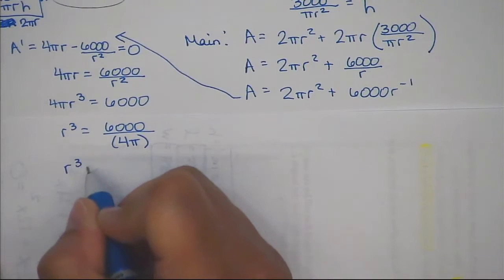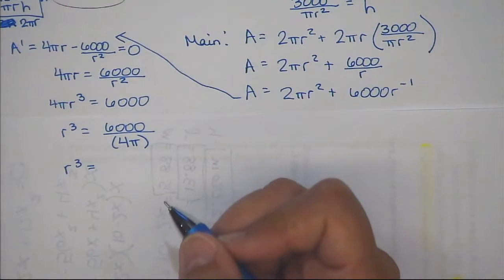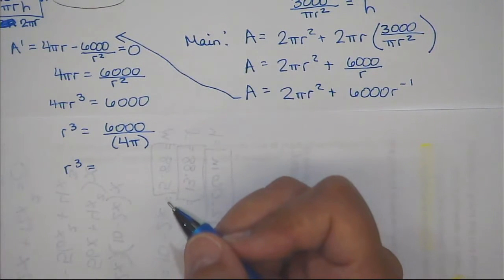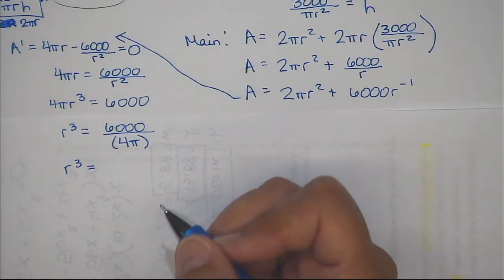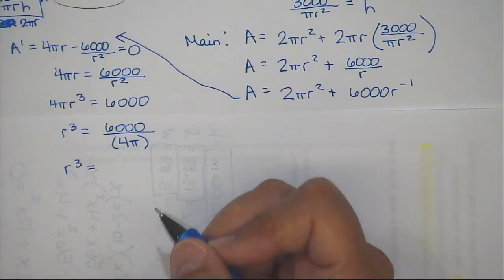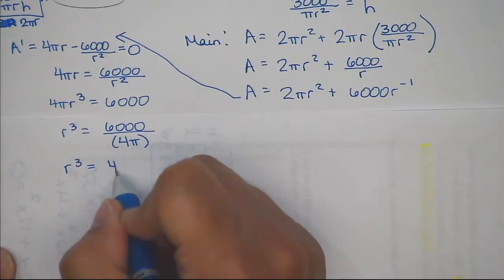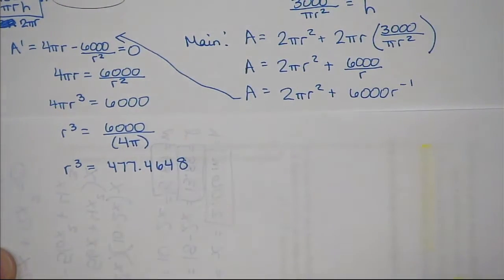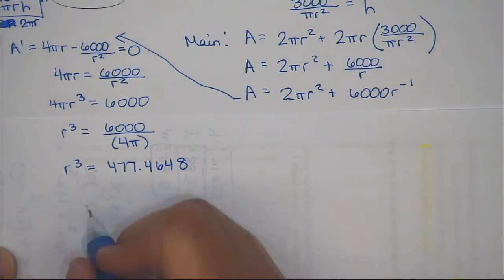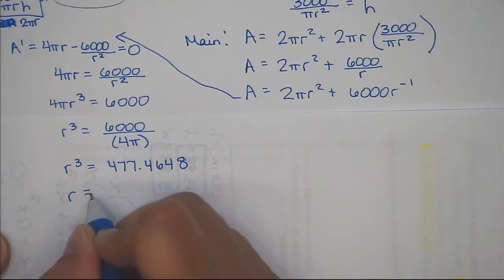So r cubed is 477.4648, and then take the cube root of that to get r.